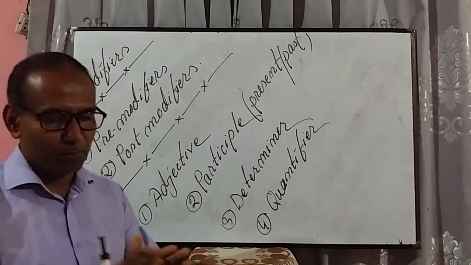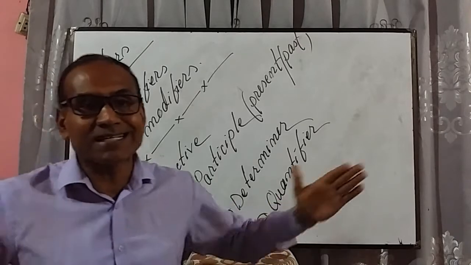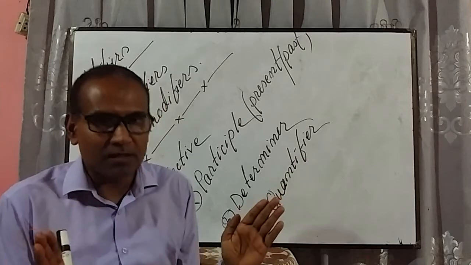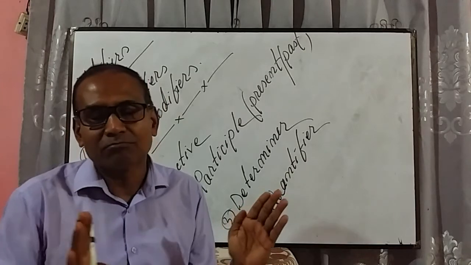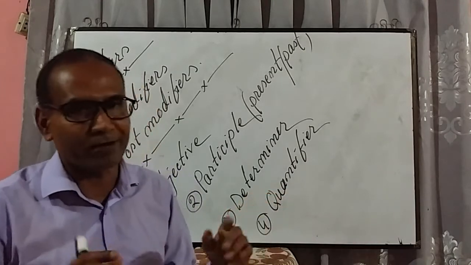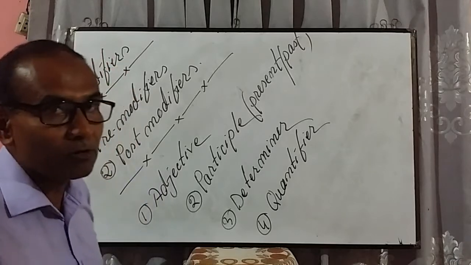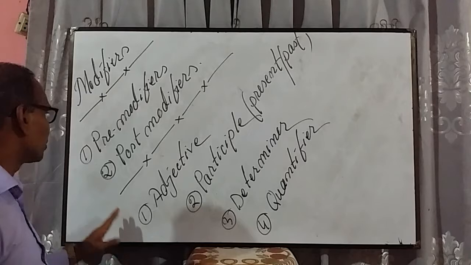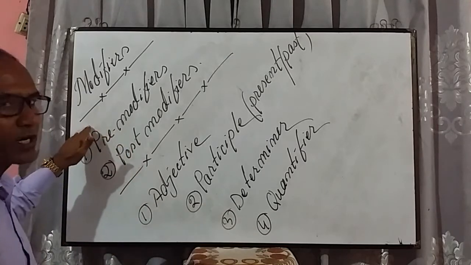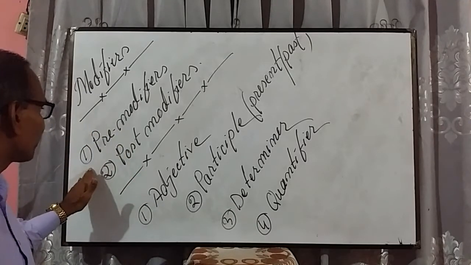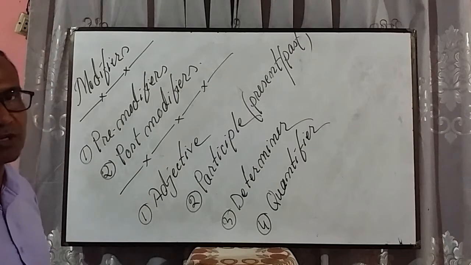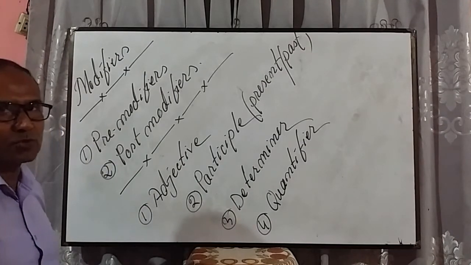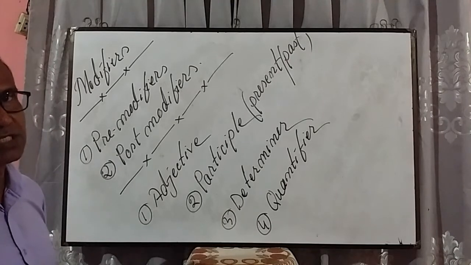That's why modifiers have an extensive perspective, but an adjective is a little bit closer or simpler. So modifiers are of two kinds. One is pre-modifier and the other is post-modifier. Today I am going to discuss pre-modifiers.